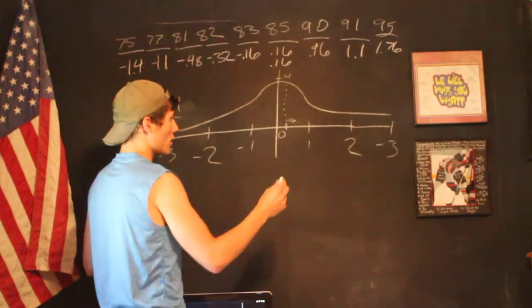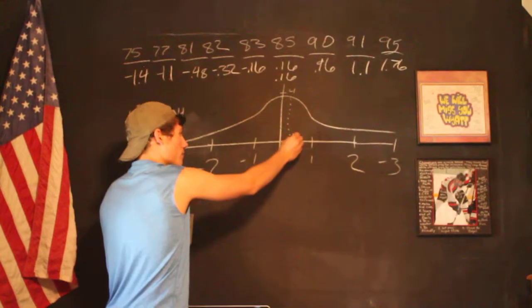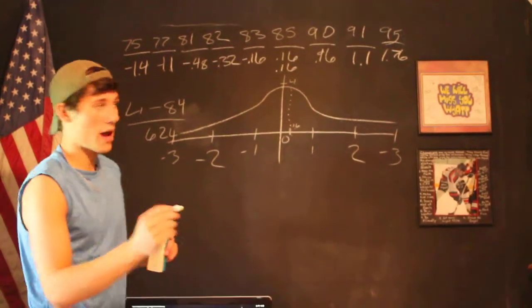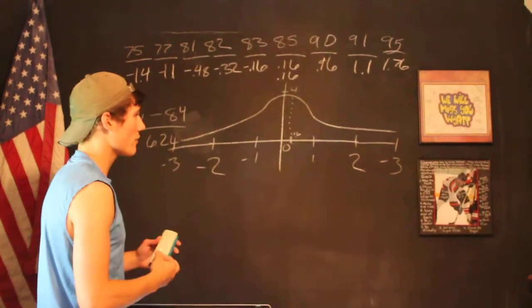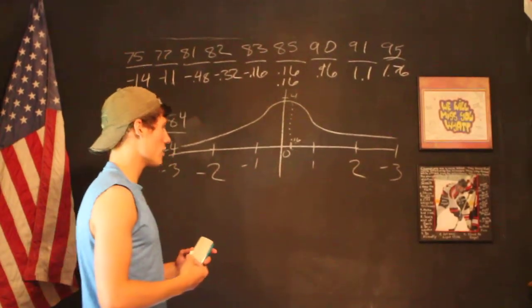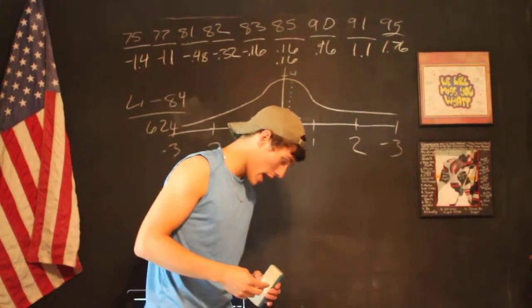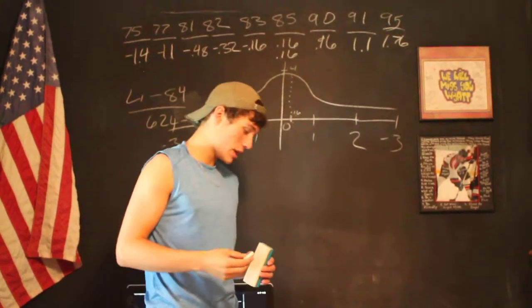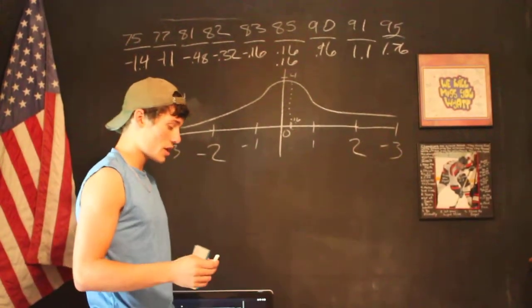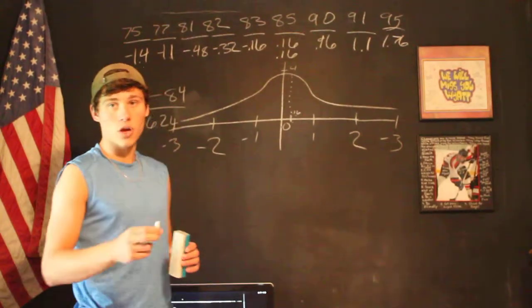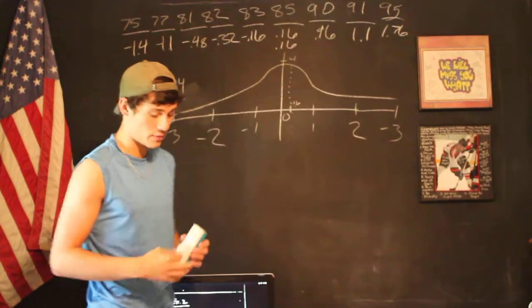And then 0.16 is going to be your right bound, and then it gives us the probability that she will score below an 85. We know it's going to be greater than 50% because it's going to be over to the right a little bit, and after you put it in your calculator, the probability that she scores an 85 or lower is 56.4%. Like I said, a little bit more than 50%.